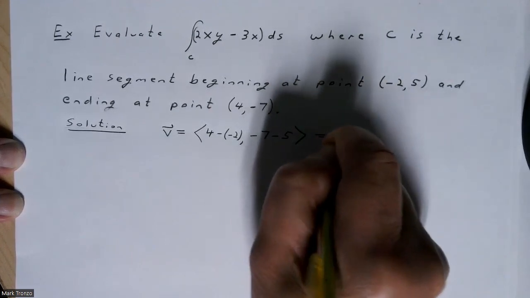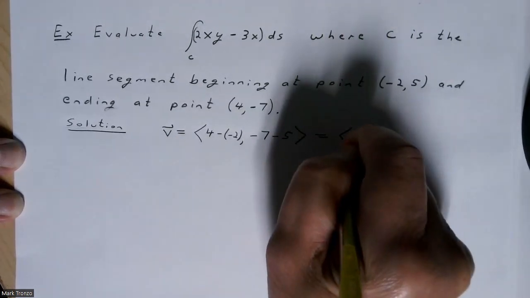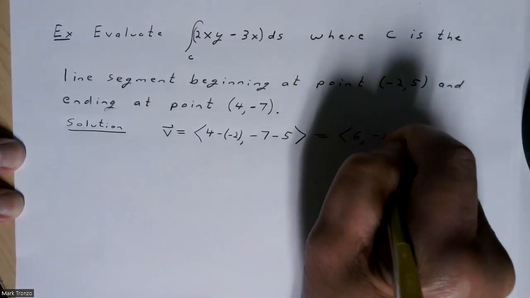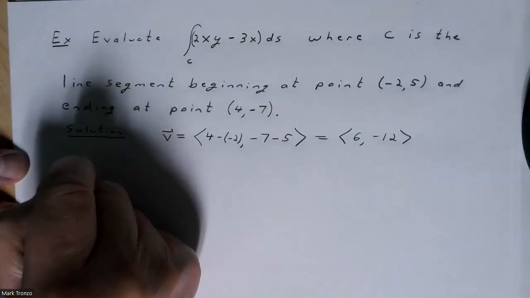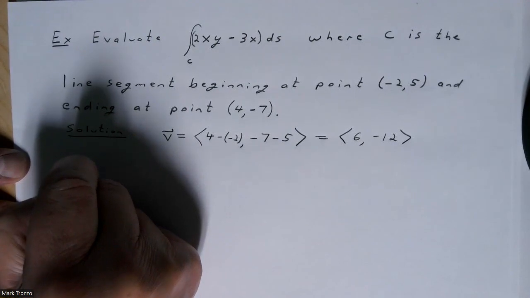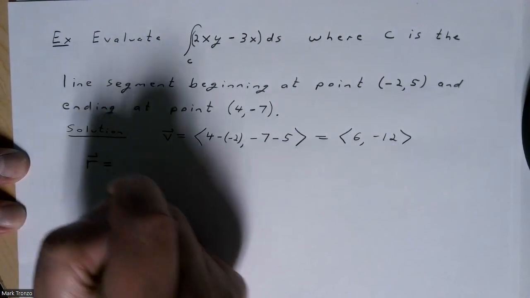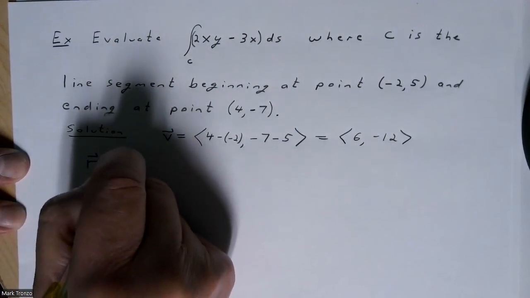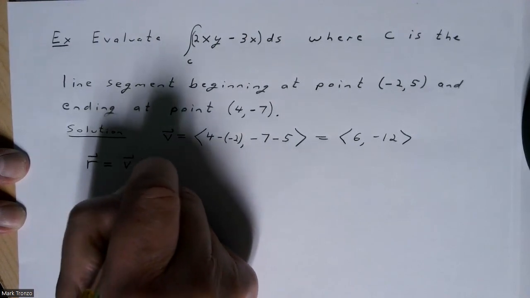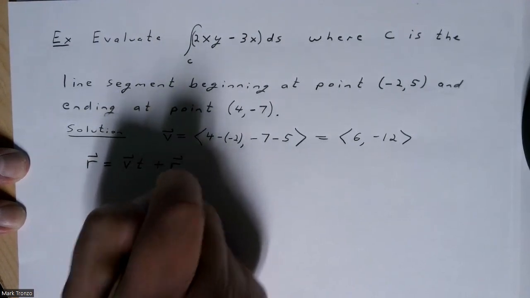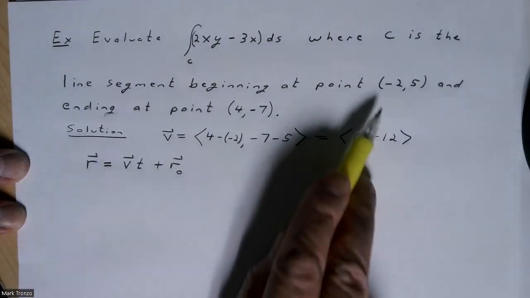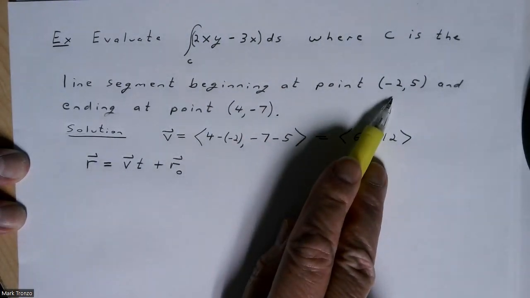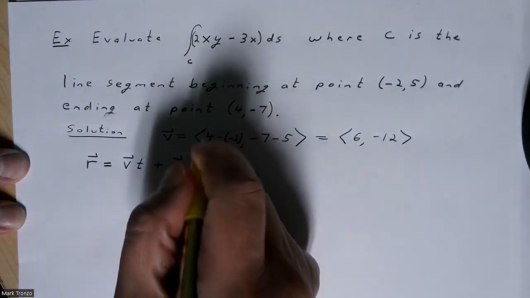Get our direction vector. This will be 6, minus 12. And then for our parametric curve, we can use v times t plus rho naught, where rho naught is the very first point in the form of a position vector.